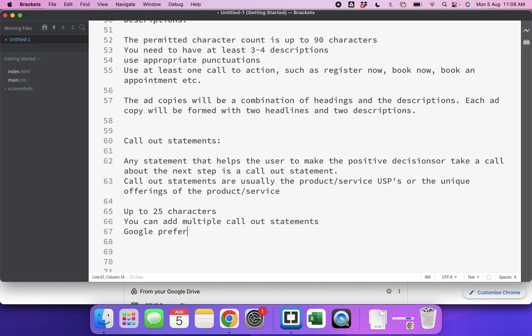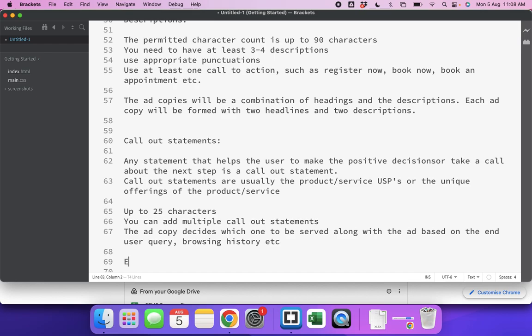Google decides which one to be served along with the ad based on the end user query, browsing history, etc.